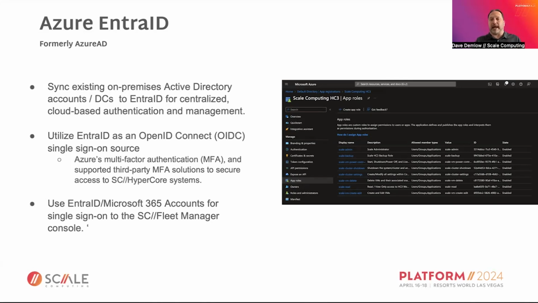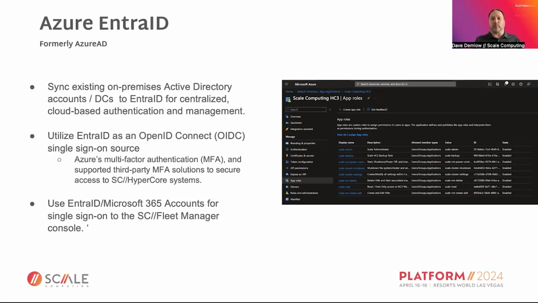Another key aspect of using that in the Scale Computing platform is using Entra ID as an OpenID Connect provider. So using it as a single sign-on source for all your administrators and all your teams to access not just a Fleet Manager account, so you can use Entra ID accounts to access our Fleet Manager centralized console, but you can also set up Entra ID to provide role-based access control for individual Scale Computing HyperCore clusters.